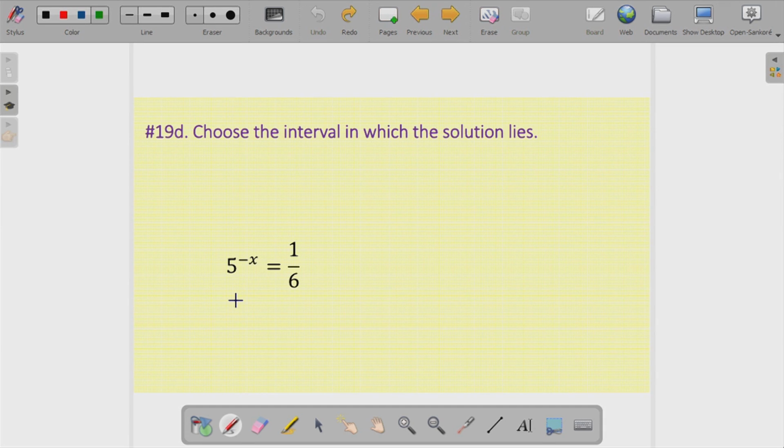Students are presented with the equation 5 to the power negative x is equal to 1/6, and we want to choose the interval in which the solution lies. Thinking about the powers of 5, I know that 5 to the power of negative 1 is 1/5. I'm choosing negative powers because I'm aiming at a fraction here. 5 to the power of negative 2 is 1/25.